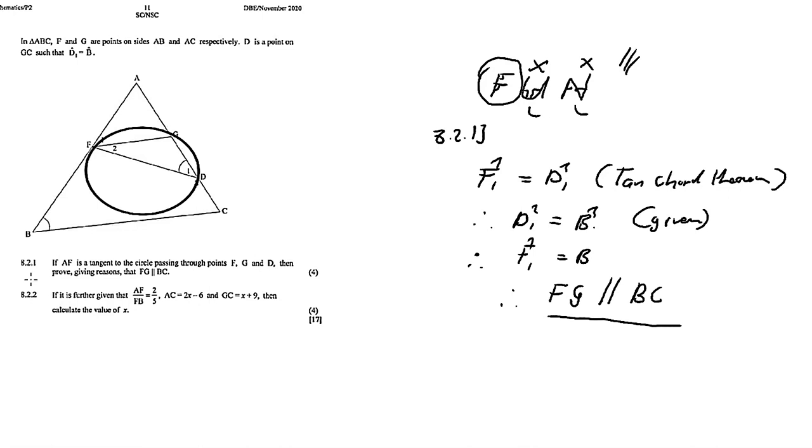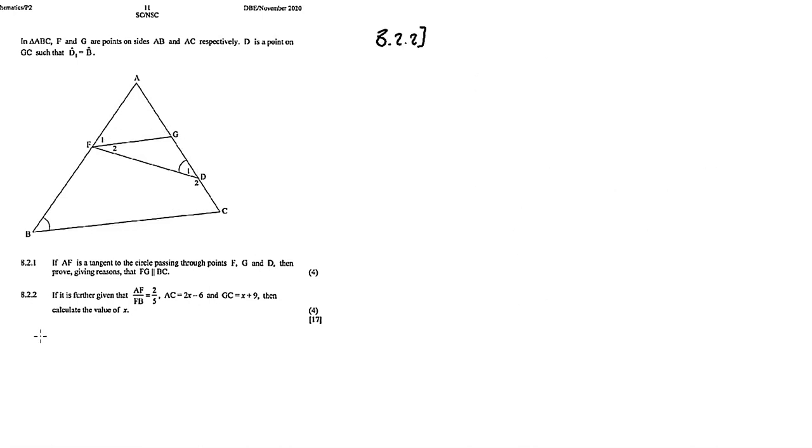Now 8.2.2: if it is further given that AF over FB is equal to 2 over 7, AC is equal to 2x minus 6, and GC is equal to x plus 9, then calculate the value of x.